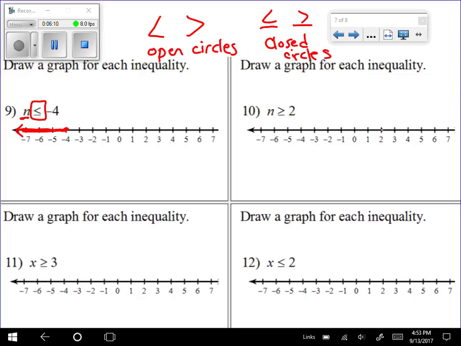Open or closed circle at 2 is what we have to decide. It's equal to, so we know 2 could be a solution. Then we're going to shade anything that is greater than 2. Ask yourself, is 1 greater than 2? No. Is 3 greater than 2? Yes. Our arrow goes to the right, so we're shading to the right.